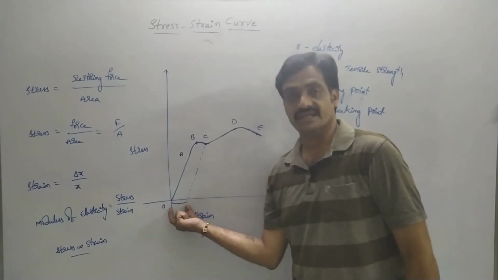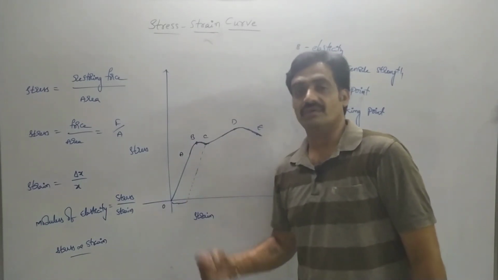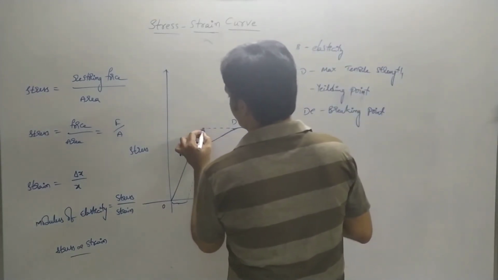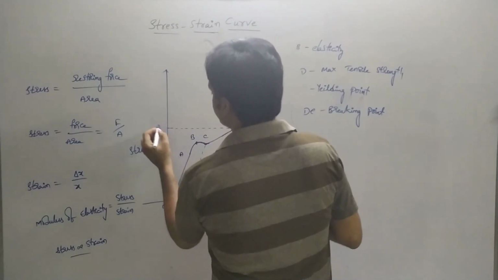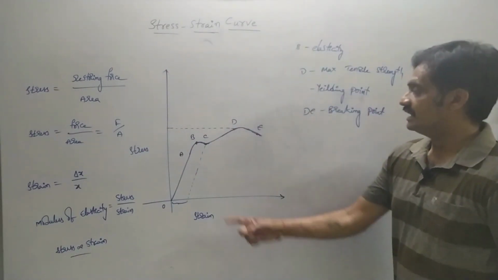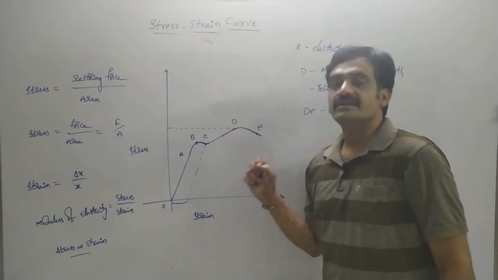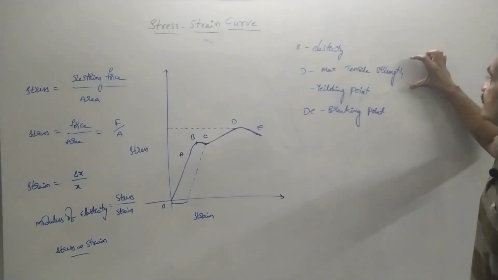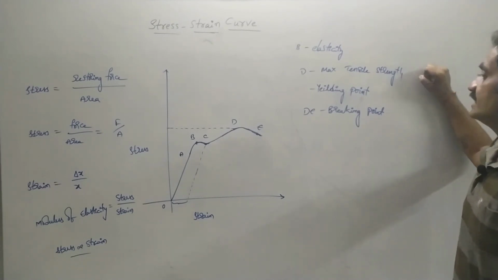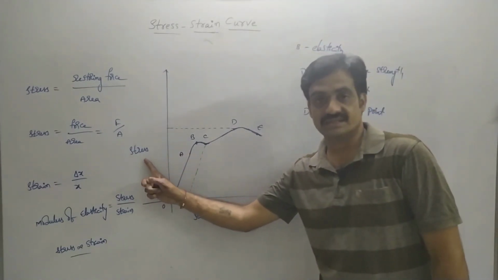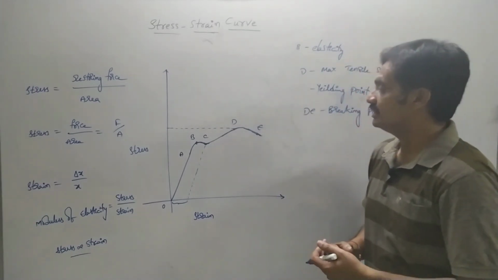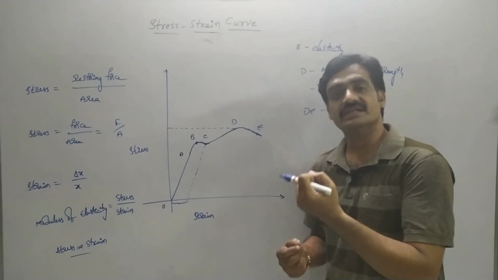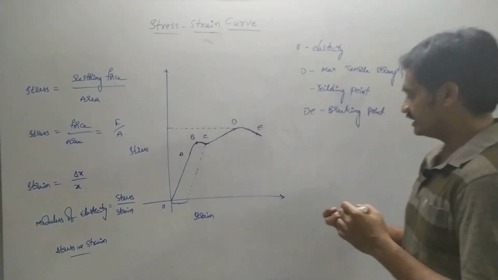This represents the strain acting on the wire, whereas the point D is represented along the stress. The line up to D represents the maximum tensile strength, nothing but the maximum stress acting on the wire in order to hold the weight or hold the stress of the wire.